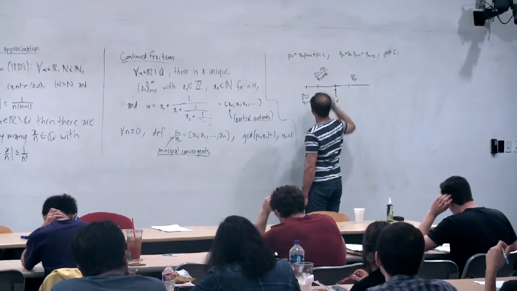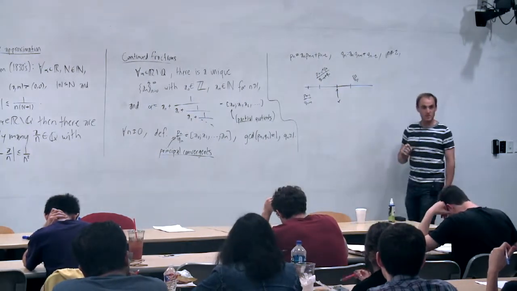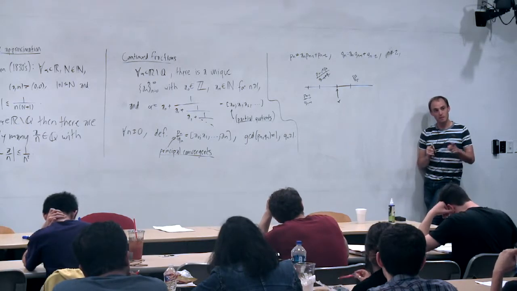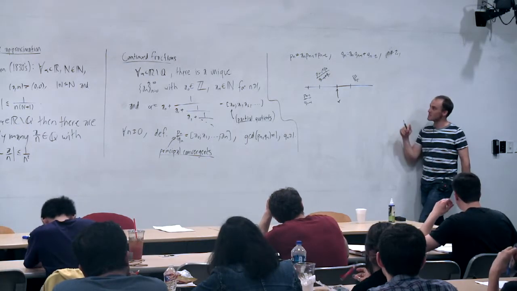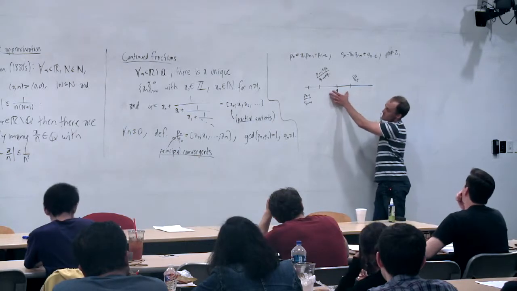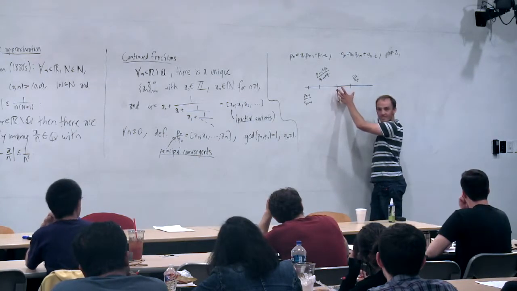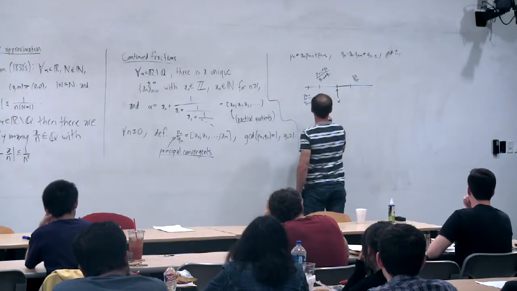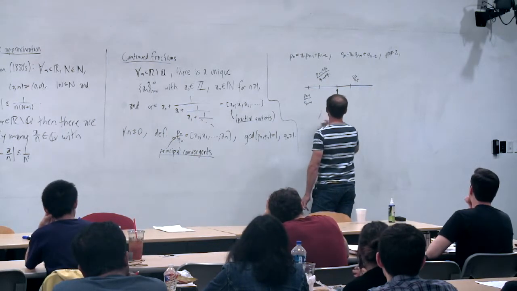You have to believe me that this picture is actually correct, and that the numerator of the difference of any pair of fractions here is 1.